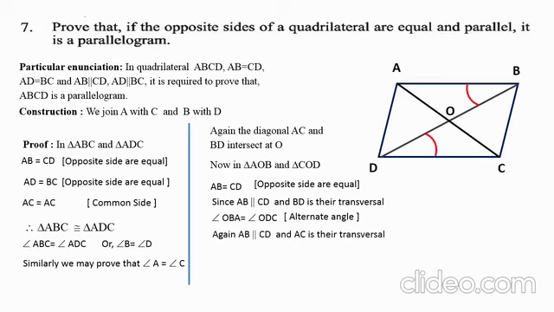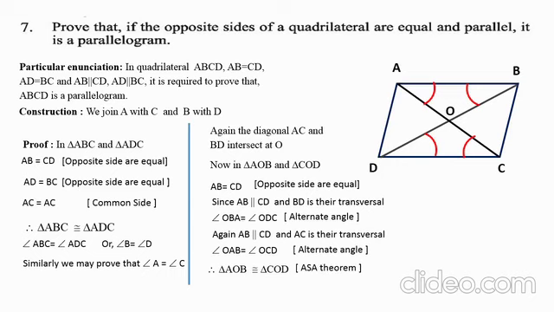Again, AB is parallel to CD and AC is their transversal, so we may say OAB equals OCD, which is also an alternate angle. Now we may say triangle AOB is congruent to triangle COD.